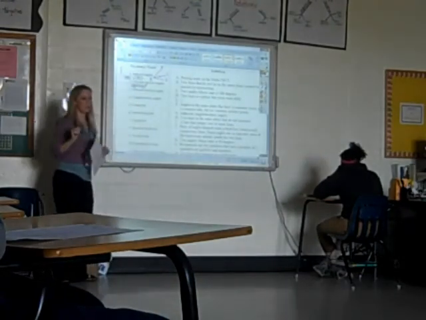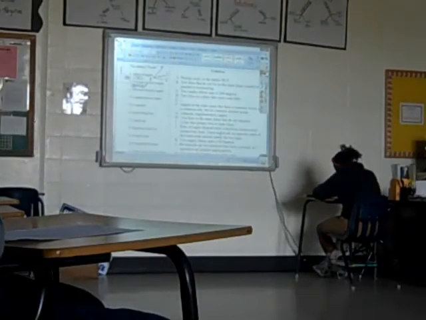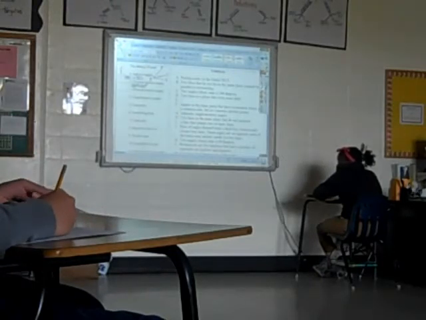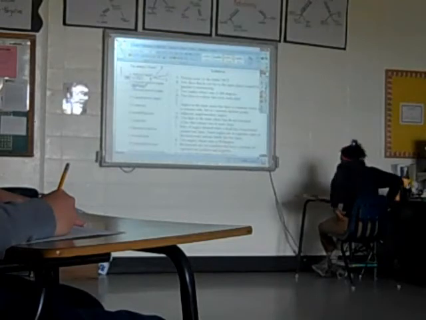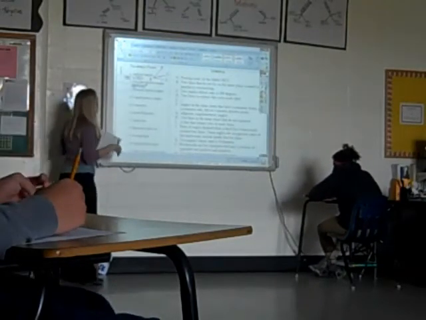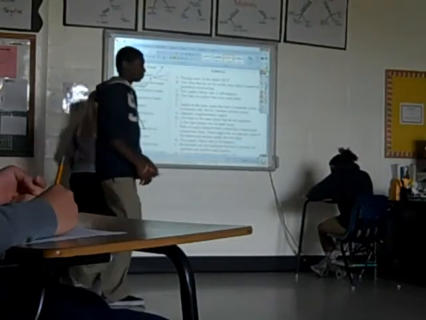Opposite is a key word for alternate. Alright, how about exterior? If we're looking at a car, the exterior is what? The outside, right? What's the inside? Interior. So if we're talking about alternate exterior angles, I'm really talking about opposite outside angles.